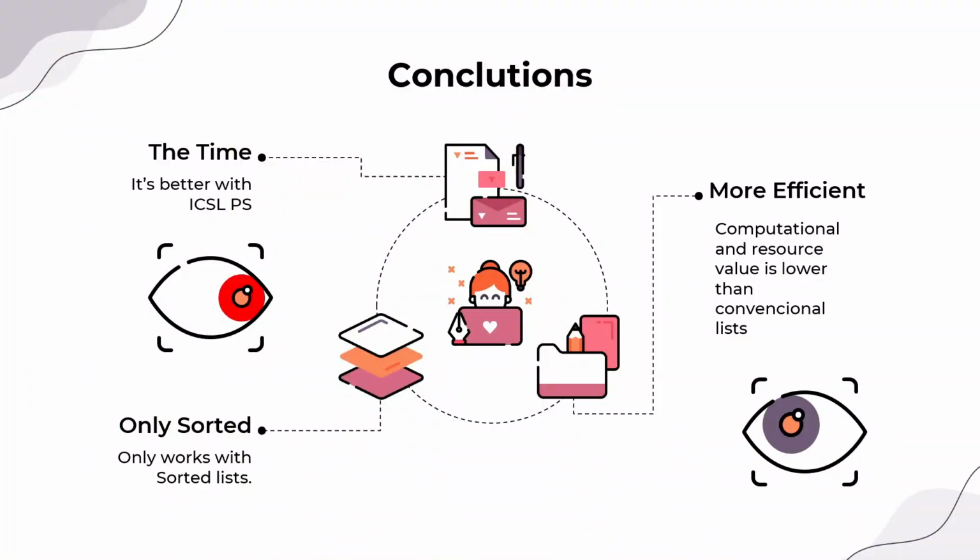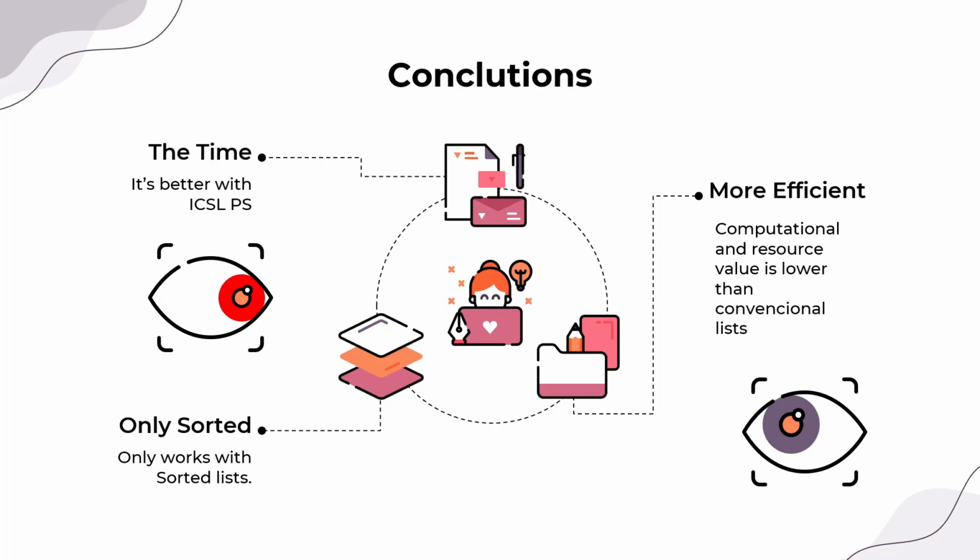So, conclusions. Honestly, the authors did an excellent investigation and exposed this method in an understandable and simple way. The ICSL looks efficient and like a good way to find elements in a bidimensional collection. But that's all. The only original thing is the way to find something inside the list.